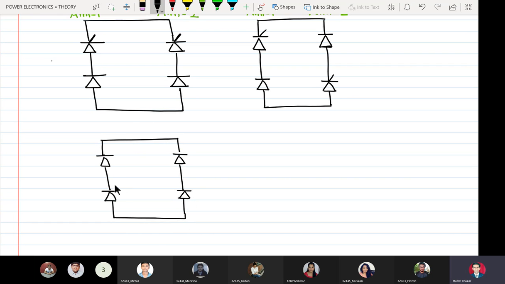Now you can put SCRs here as well as here. And the fourth possibility is the exact mirror image of the above one.